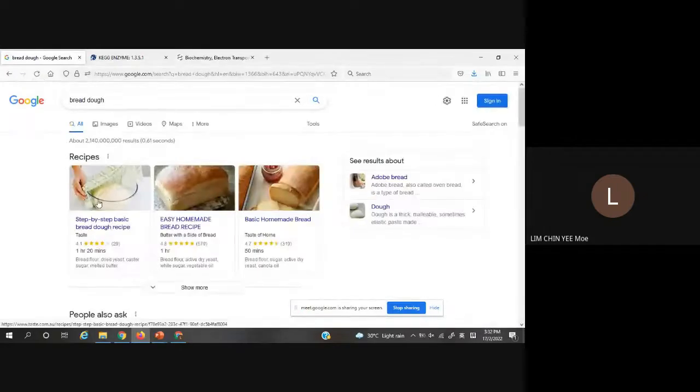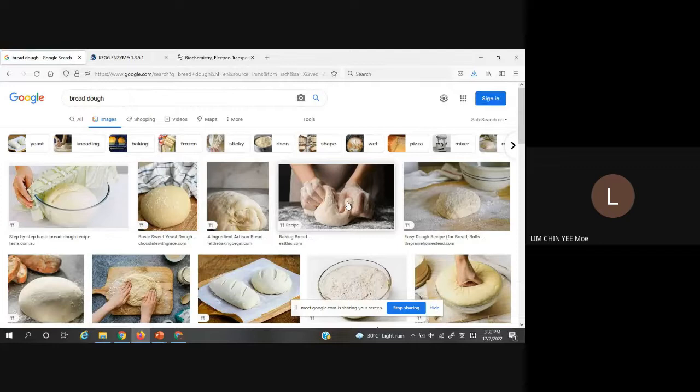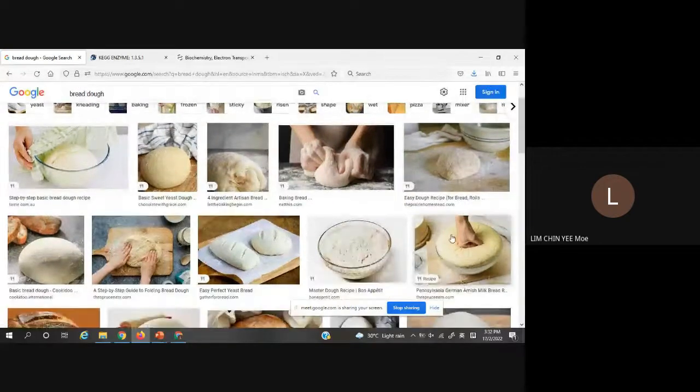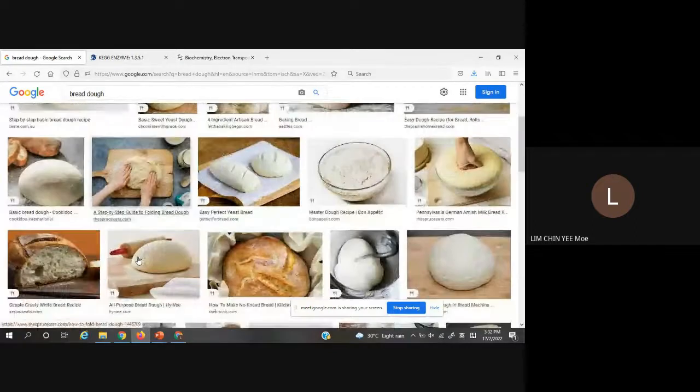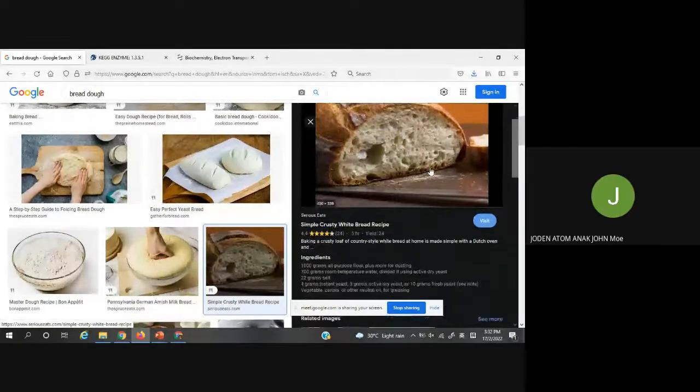The bread dough. This is the dough. Okay? Ni lah dough. Tengok. Okay, so to make it fluffy, we add in yeast. Why do we need to add in yeast? Nah, nampak ada lubang. Lubang ini disebabkan oleh udara. Sebab apa? Carbon dioxide.